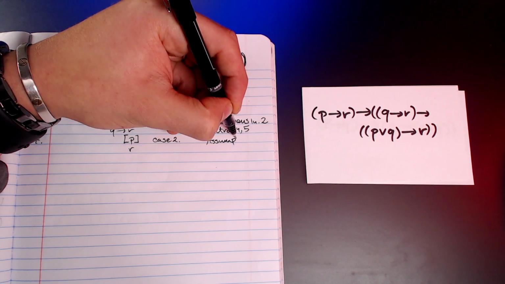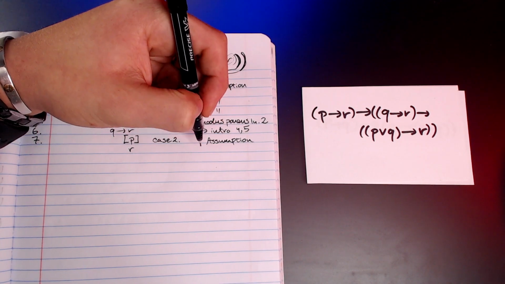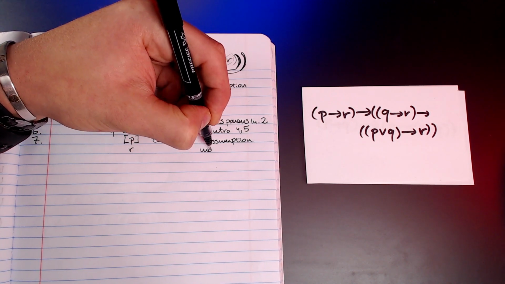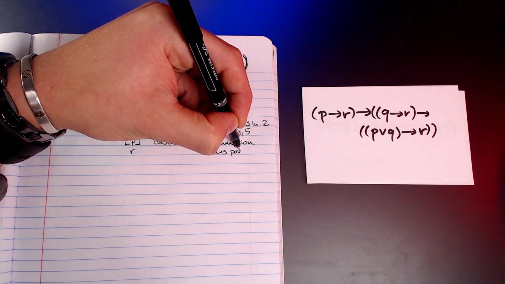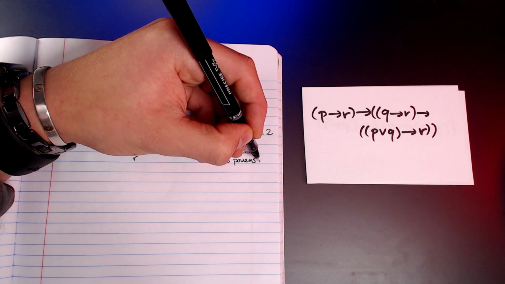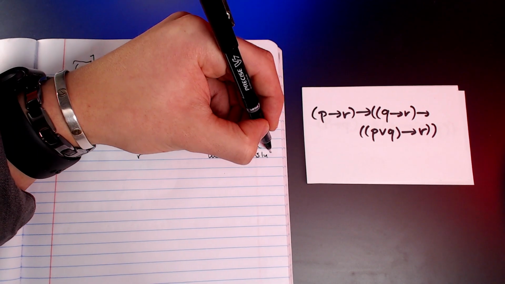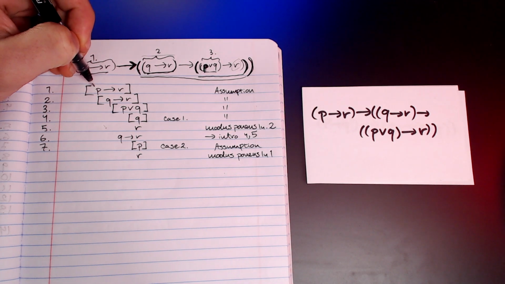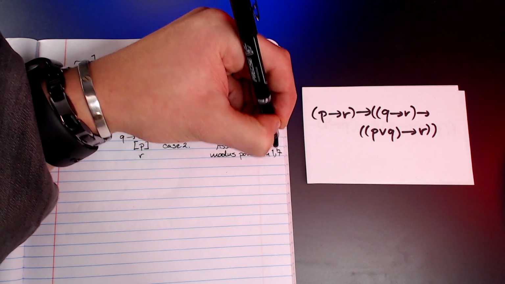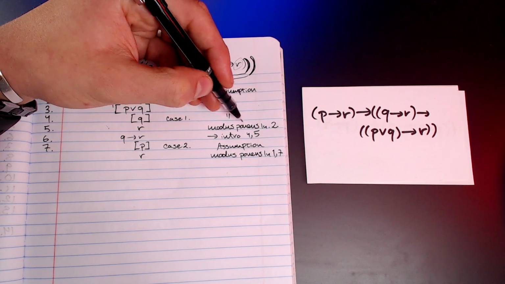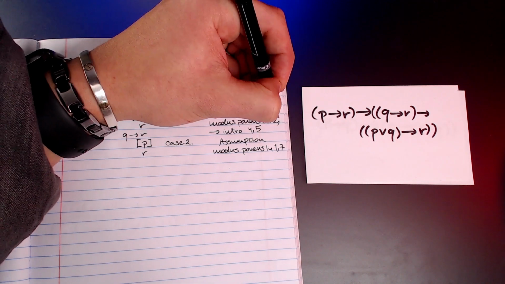Sorry, this is assumption. We have to write down why we did things. And this is modus ponens, line 1 and 7. And then back over here, this would be modus ponens lines 2 and 4.